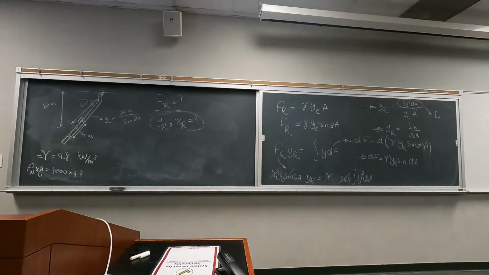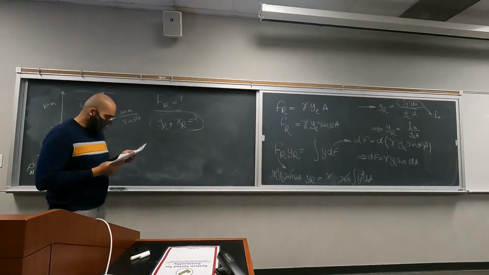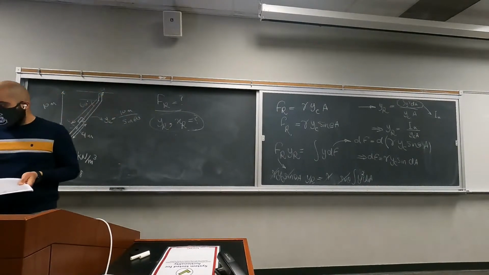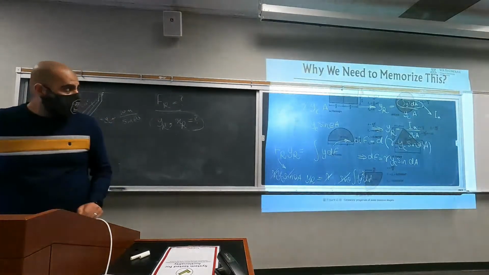Okay, what should we do? I'm going to give you 2 or 3 minutes to think about this. But you essentially have all the equations you need. And it's a circular gate. So your moment is going to be, let me unmute the image here.